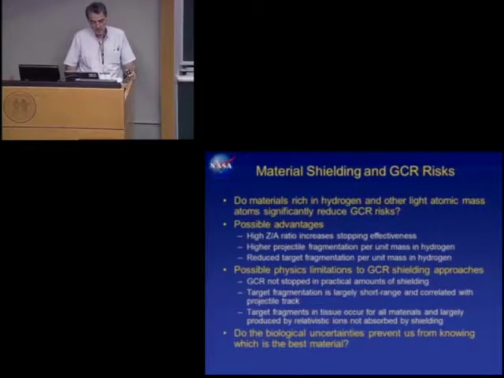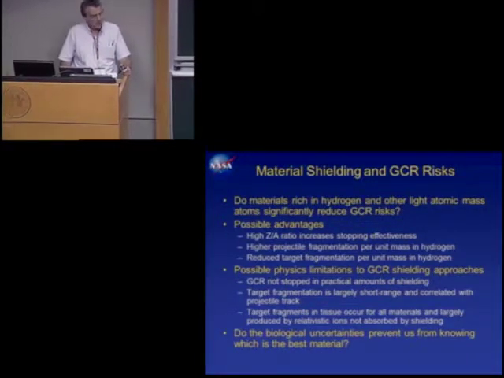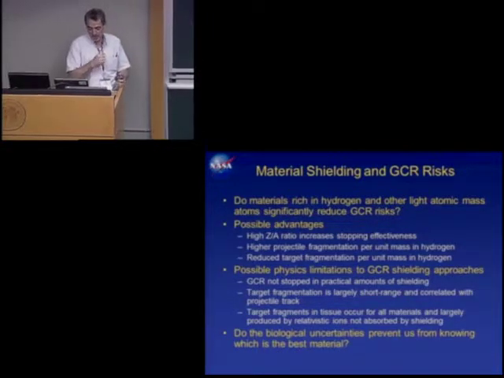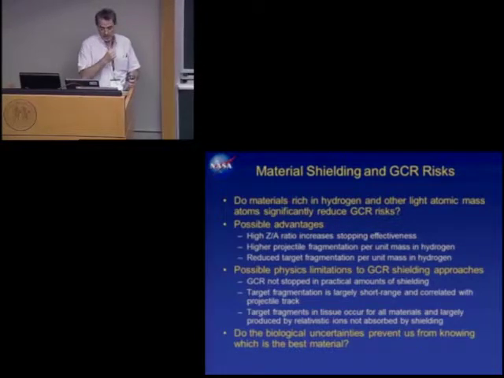The other thing is the projectile fragmentation cross sections. I don't have time, but it goes like the mass number to a power like 2/3. So hydrogen can get more nucleons in the way of a GCR particle per unit mass than other materials, so it can fragment those particles. In a thick shielding, fragmenting the projectile particles is good. So that makes hydrogen the best material.